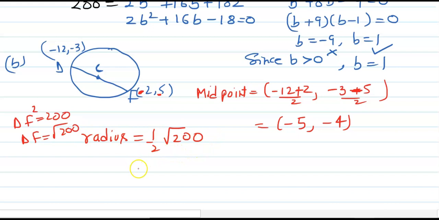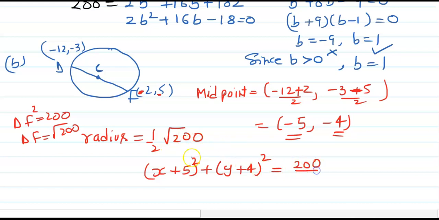Now we can find the equation of a circle, that is x plus 5 whole square, taking these center points into consideration, and y plus 4 whole square equal to 1 by 2 root 200 whole square, that is the radius square. Square of root 200 will be 200, and square of 2 is 4.